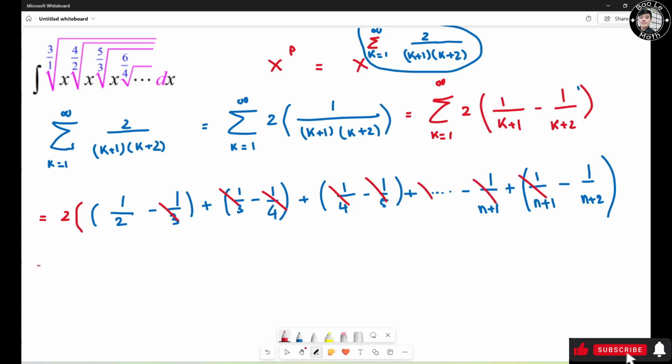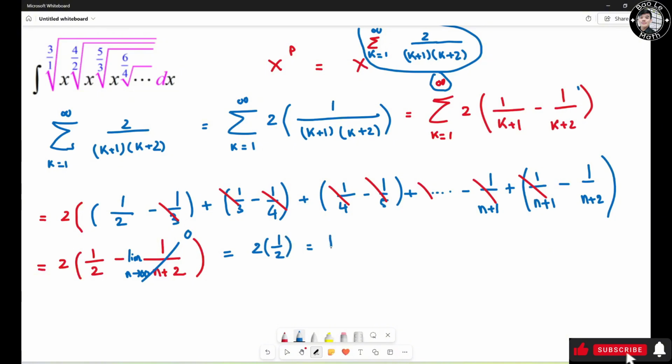So you only have 2 times 1 over 2 minus 1 over n plus 2. For this, I can write the limit as n approaches infinity. This approaches 0, so you only have 2 times 1/2 left, which is 1.